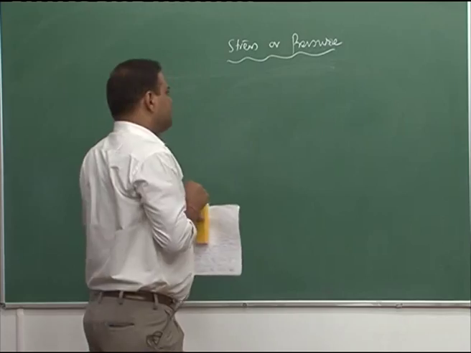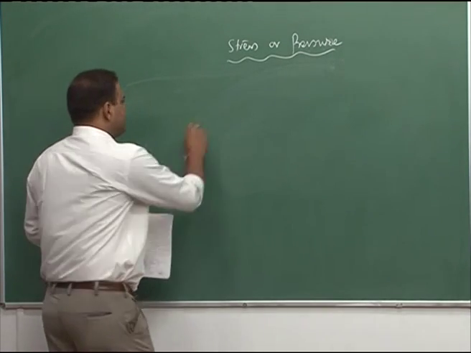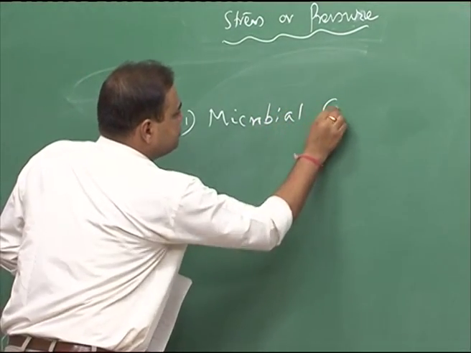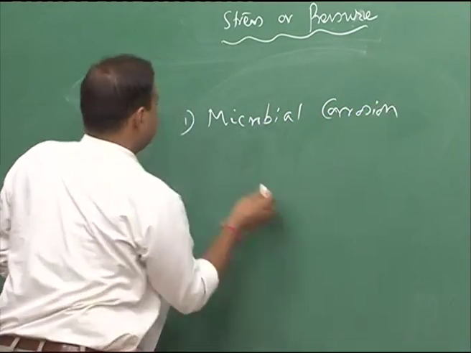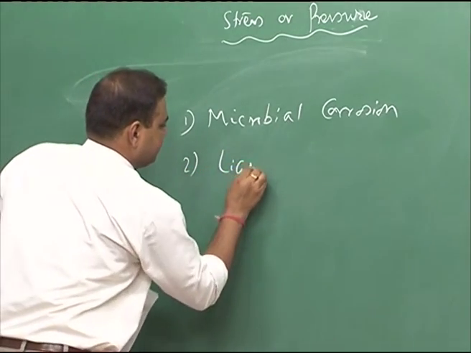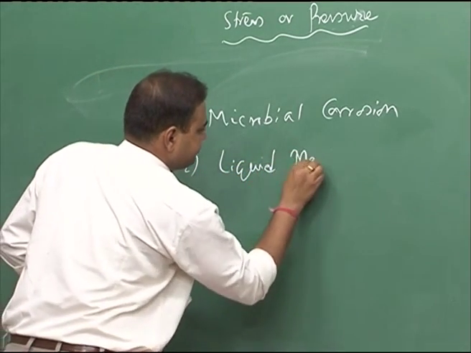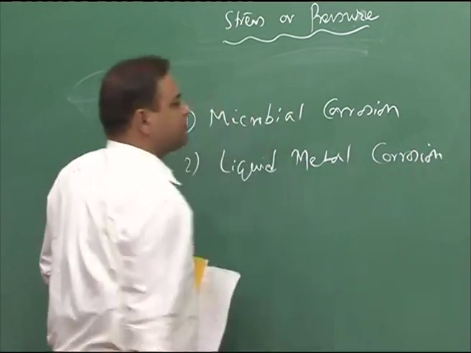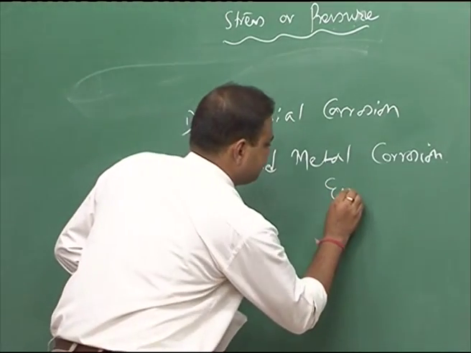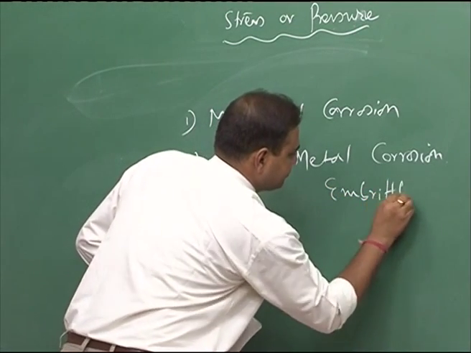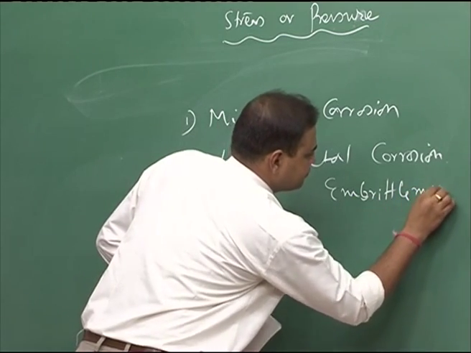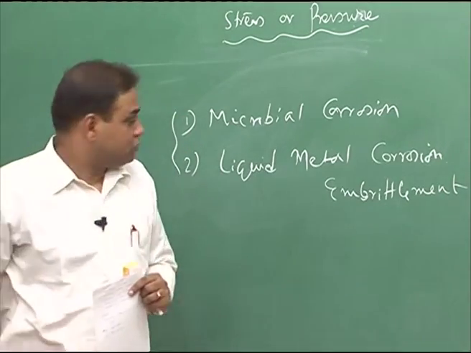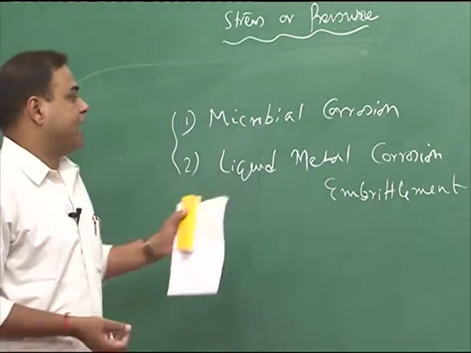Now, we have two special corrosion phenomena, one is called microbial corrosion, another is liquid metal corrosion, or liquid metal embrittlement. We will talk a little about microbial corrosion and liquid metal corrosion as we go ahead.